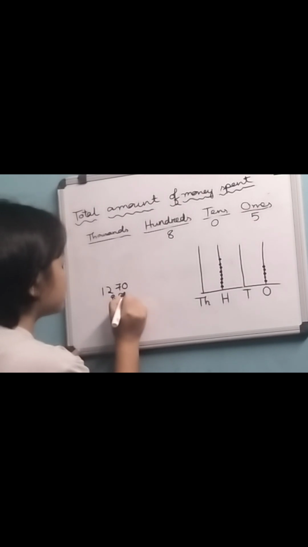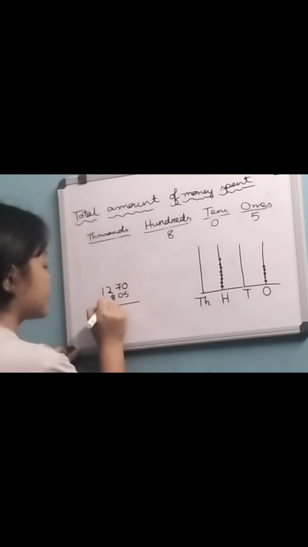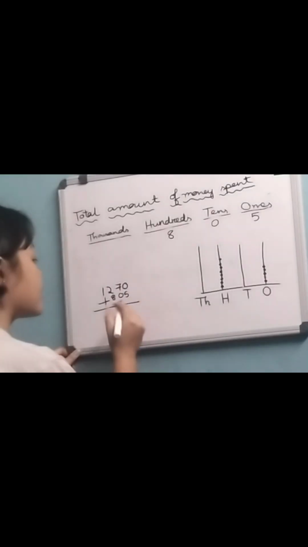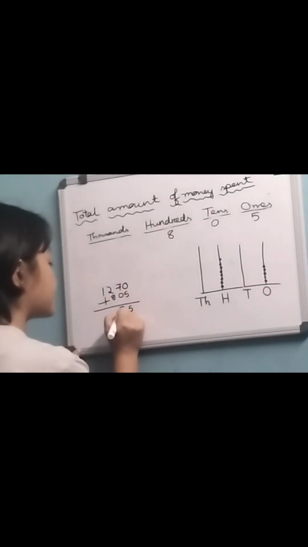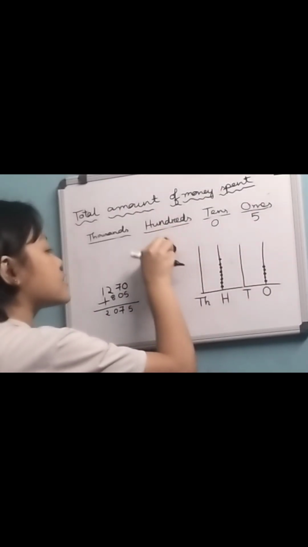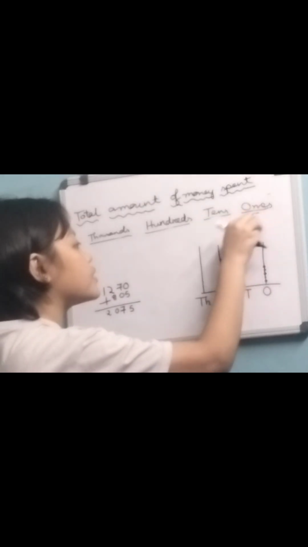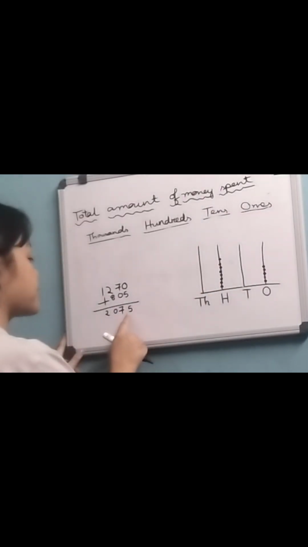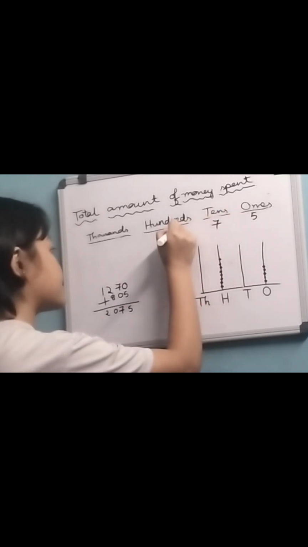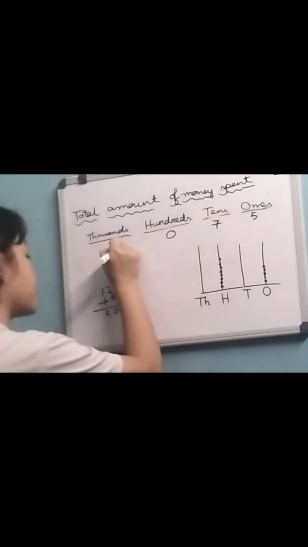And 805. So you have to add this to know the total amount of money that she has spent. So 5, 7, 10, 2. Now let's write this 2075 in this table. First comes 5, then 7, then 0, then 2.